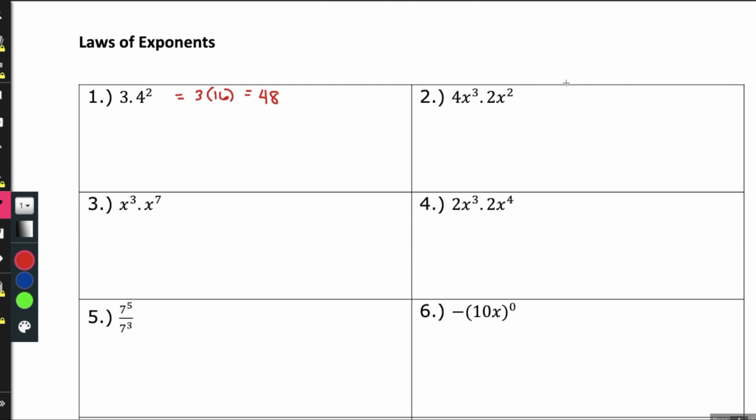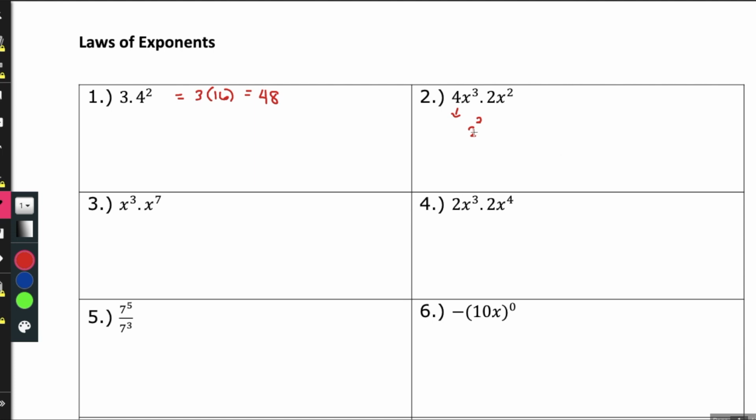You have 4x cubed times 2x squared. Now the difference with item number 2 to item number 1 is that in item number 1, there's no way for you to simplify any of them because 3 is already a prime number. But in question number 2, I can simplify 4 as 2 squared. Yes?